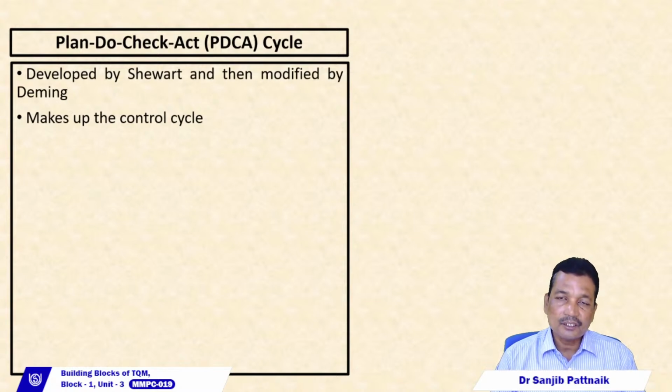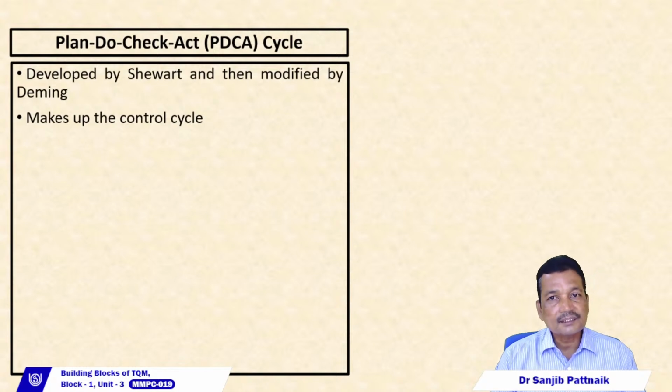Now when we carry out the activity, the actual results are compared with the planned results. Thereby what will happen? The deviations or the differences will come out. If the deviations are bad, then you have to take necessary corrective actions. That taking necessary corrective actions is our act. That means how to resolve or improve the problem.